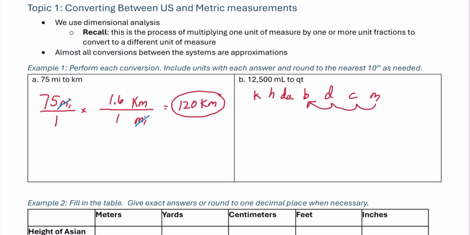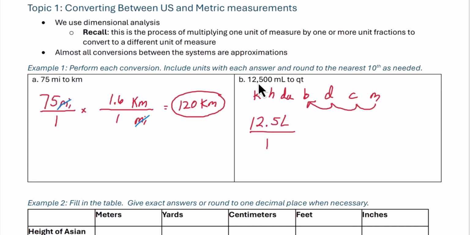We're going from milliliters to liters. We need to move the decimal 1, 2, 3 times to the left. That will be 12.5 liters.